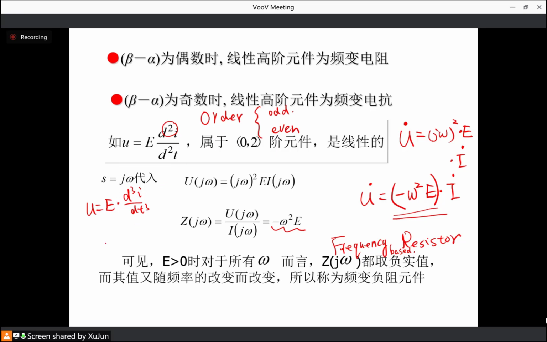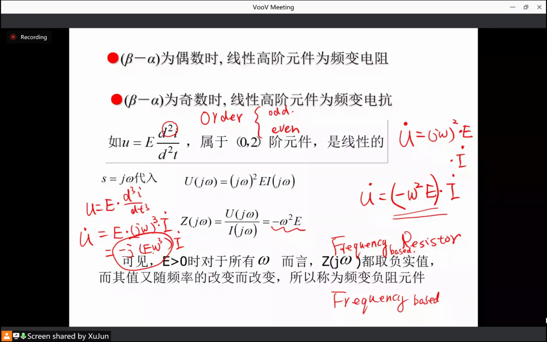In the phasor form, U phasor equals E multiplied by (j omega) to the third order and I phasor. This third order will equal to minus j E omega cubed I. So we can treat it as an inductor or capacitor. We call this frequency-based, because it will change with omega: a frequency-based inductor or capacitor.